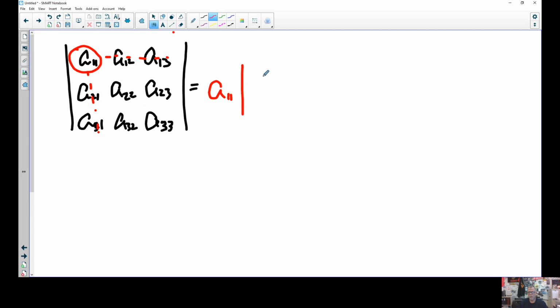And we're going to look at the determinant of that little group, so that we have this determinant times that first value in the first column, first row. All right, so we have that. And this will be a number. We'll have a number times what this determinant comes out as a number, and that'll give us that value.